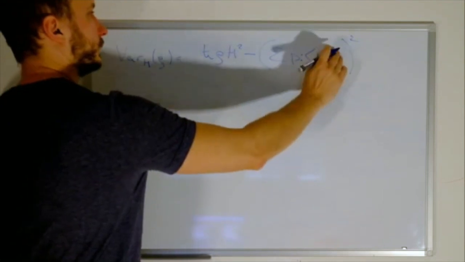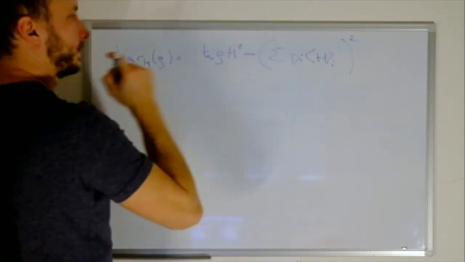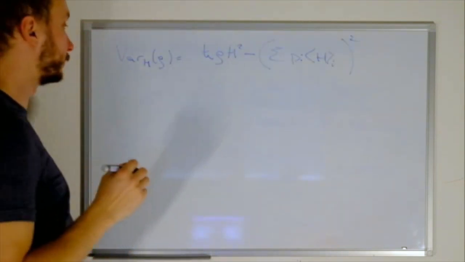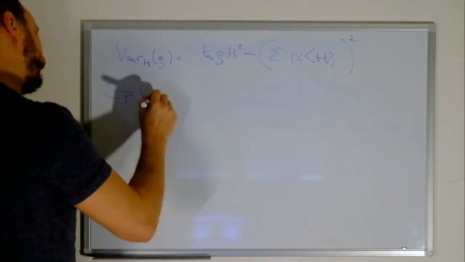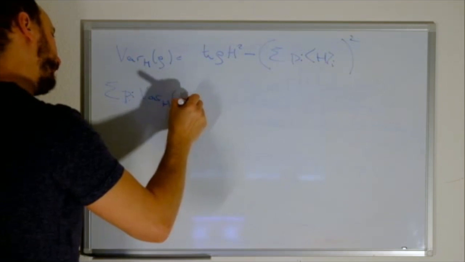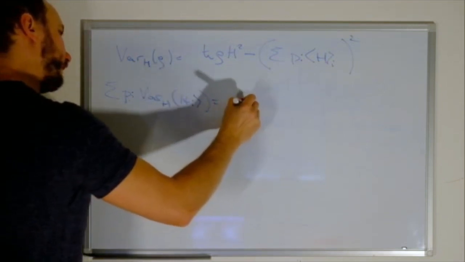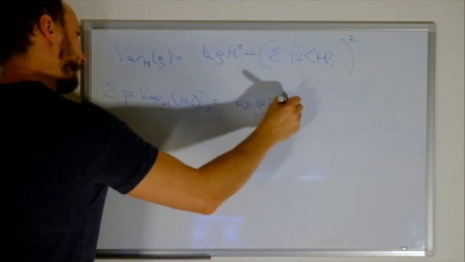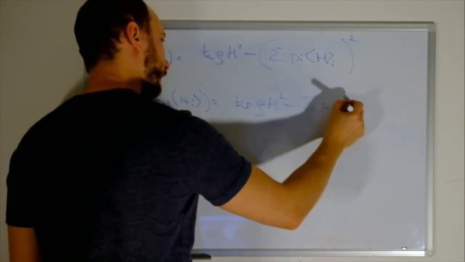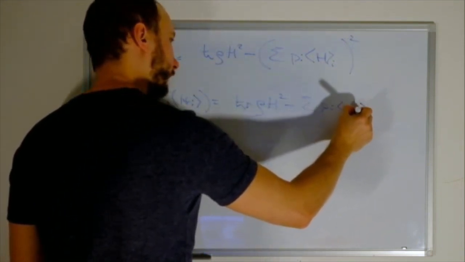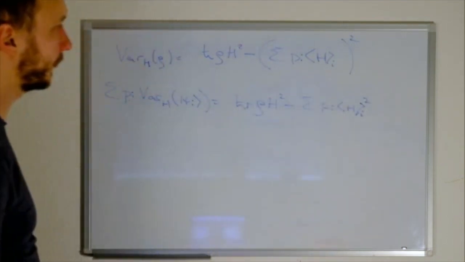Again, this is the expected value on the i-th pure state in the decomposition, and the average variance, the sum of p_i variance of h on psi_i. This is the same story, trace of rho h squared minus, now this term is different: the sum of p_i h_i squared.